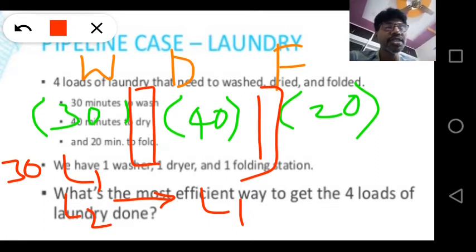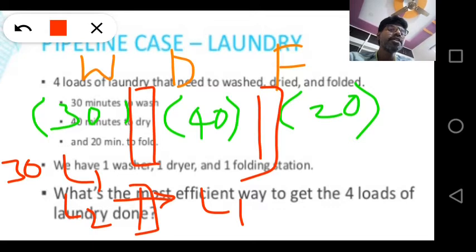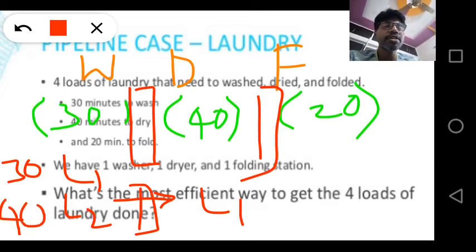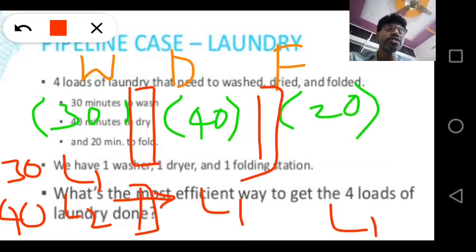It can complete within 30 minutes and be ready for drying, but the dryer is not yet free, so we need a buffer. After 40 minutes, L1 moves to folding. It takes 20 minutes.